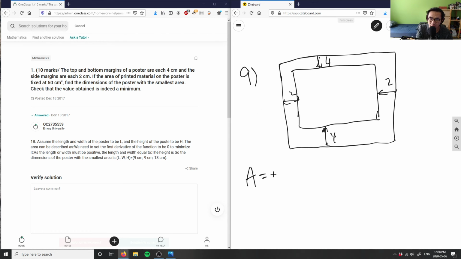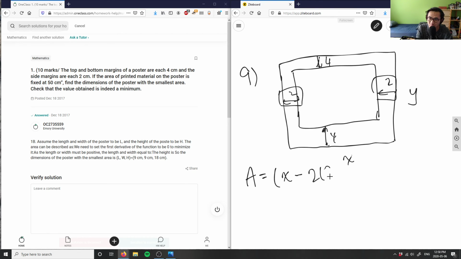So basically we can find the area, and we know it's length times width. If this is X and this is Y, I can say that X here would be X minus 2 times 2, so 2 times 2, because I have a 2 here and a 2 here.